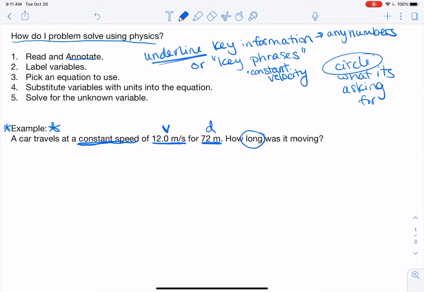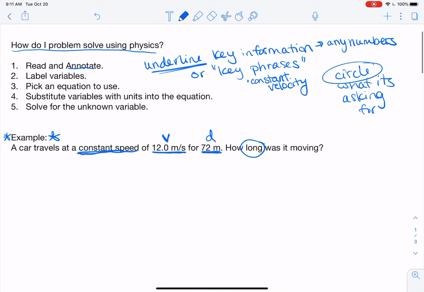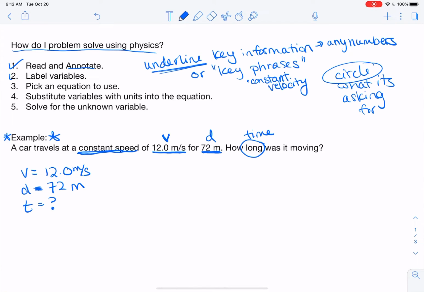Oh, I'm sorry, I said that was a distance earlier. How long was it moving? That's going to be a time. So we labeled our variables. I usually like to make a little key. So 12 meters per second equals V, D equals 72 meters, and then T equals question mark, because that's what we're trying to solve. So we've done steps 1 and 2.